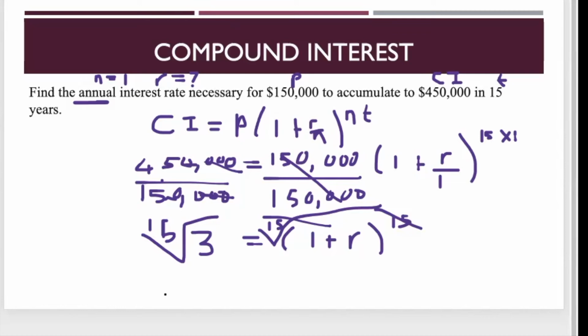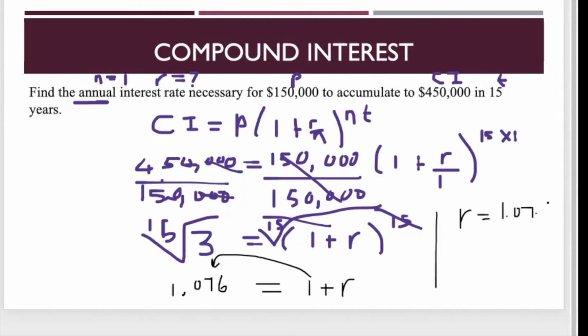So the 15th root of 3 is 1.07, and because it's 5 followed by a 9, I'm going to round up to 1.076, which is equal to 1 plus R. So making R the subject, I carry the 1 over the equal sign. So R is equal to 1.076 minus 1, because we carried it over, so there's a sign change.